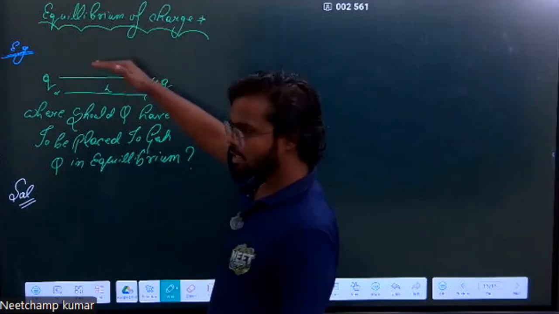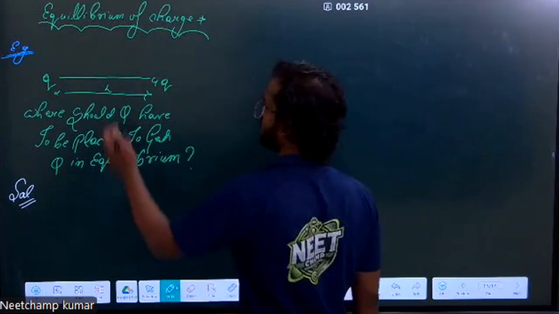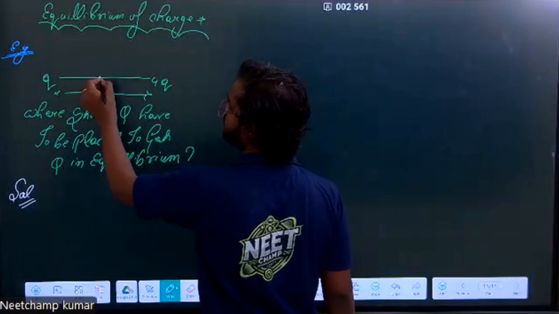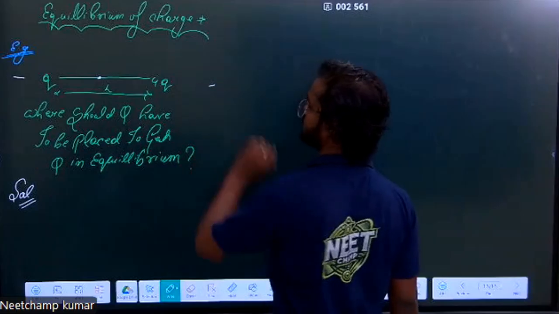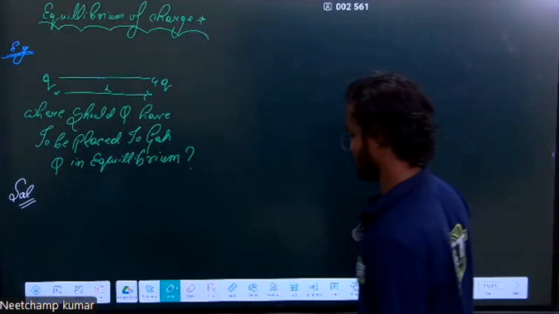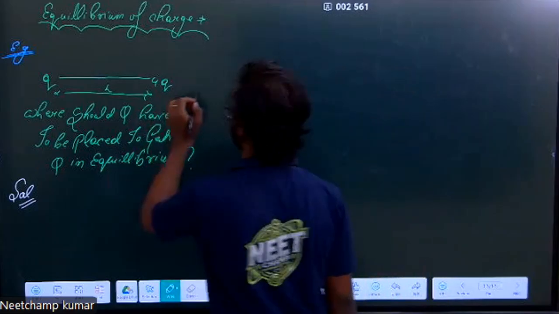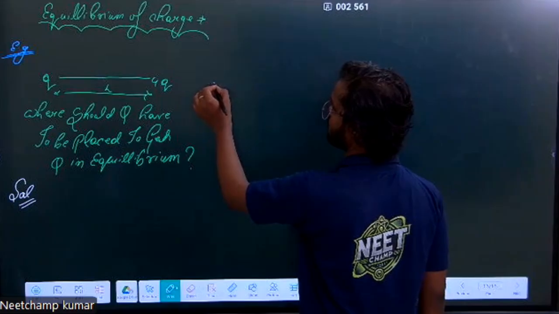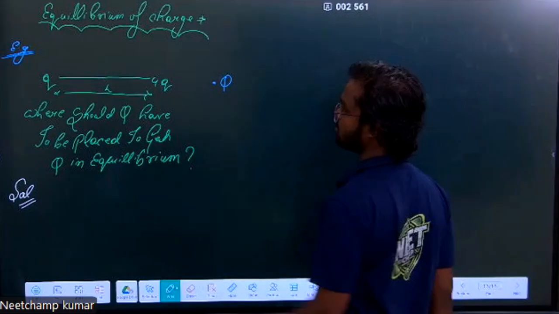Now, along the line joining, there are three possibilities. I can place the charge within this region, here, or here. Let us consider the first possibility. Suppose I place it here.